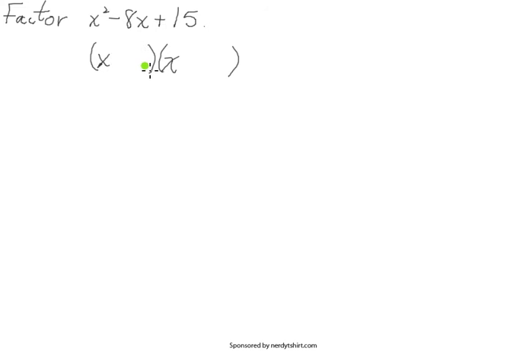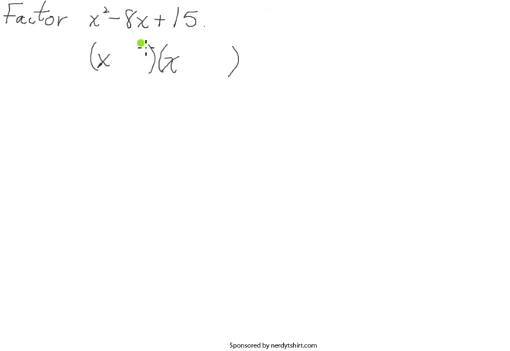Because when you think about FOIL, the outer and inner products are going to generate this minus 8x term. So you're looking for factors of 15 that combine to minus 8.